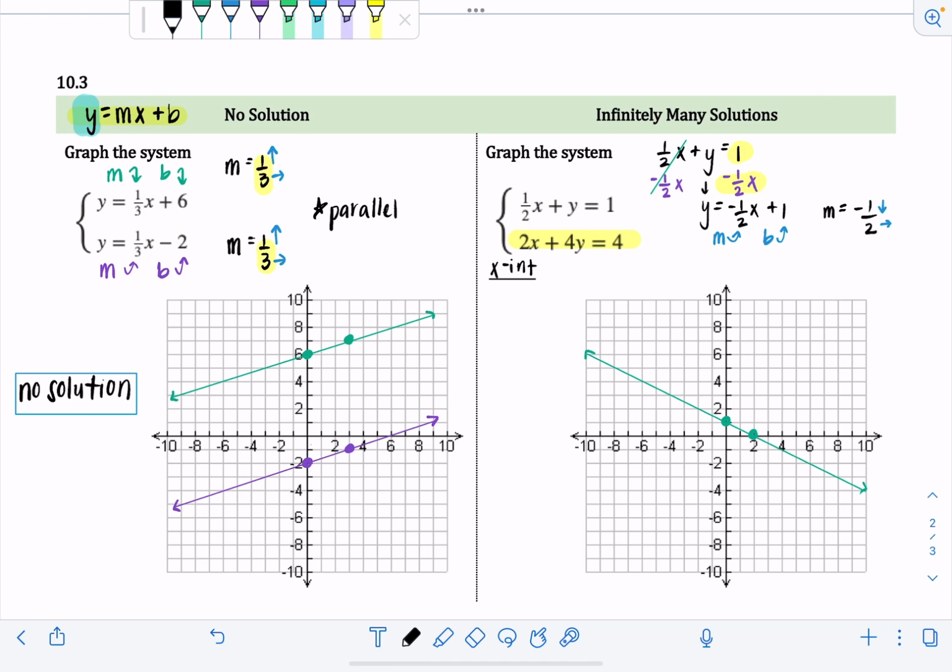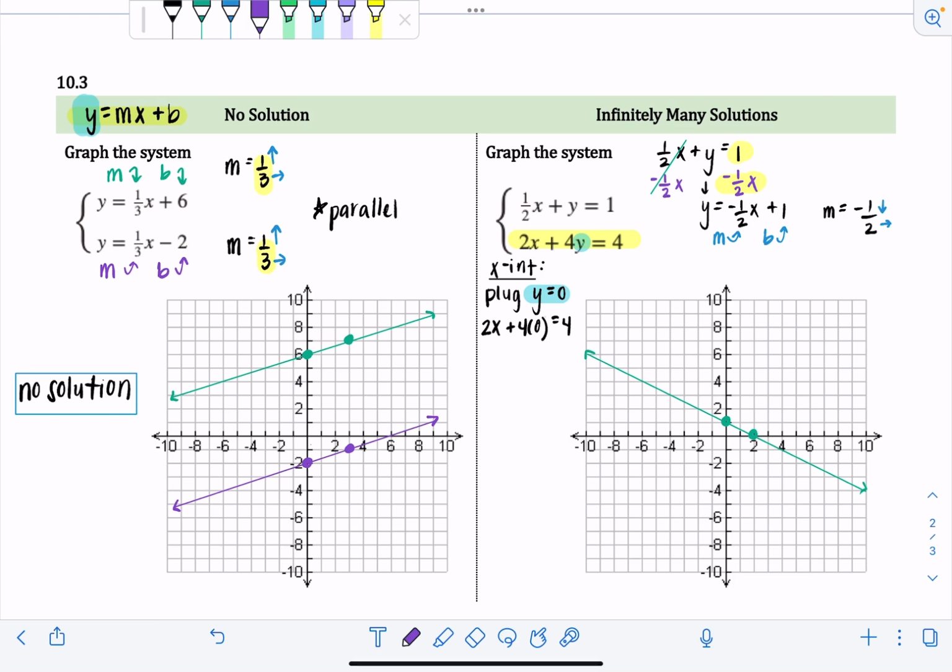In order to find an x-intercept, you have to plug in y equals 0. This is something I would keep handy in notes so you can reference back to it. So we would put 0 in for y into the equation. So it'd be 2x plus 4 times 0 equals 4.